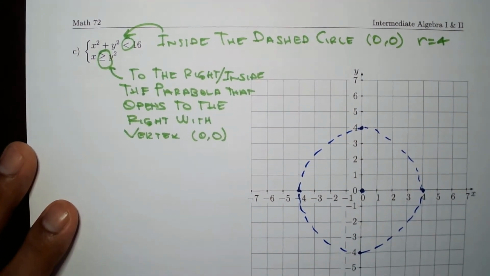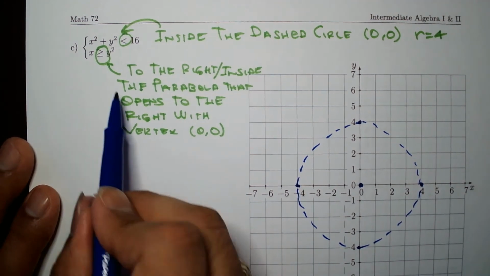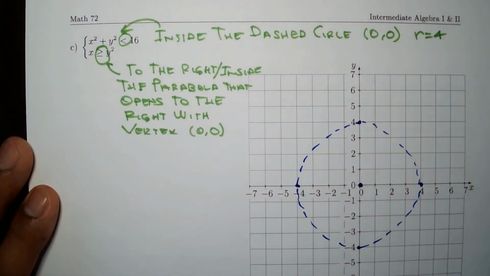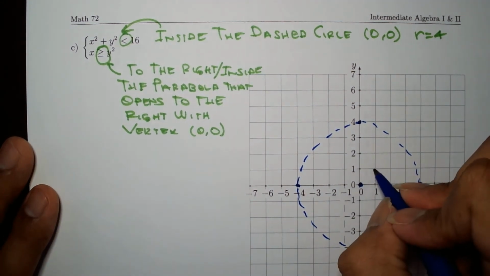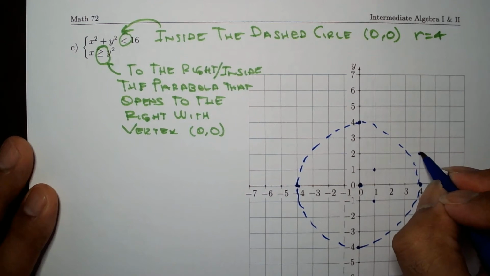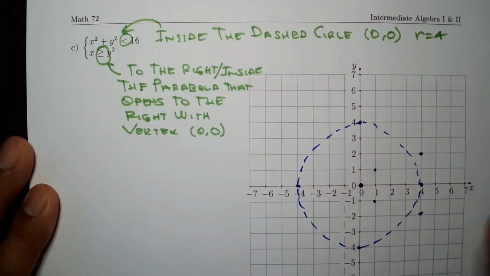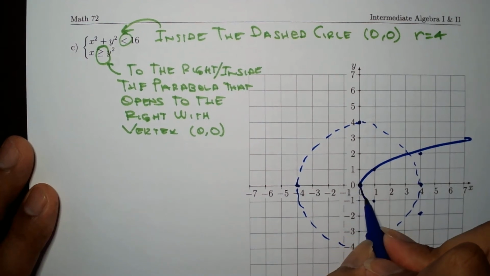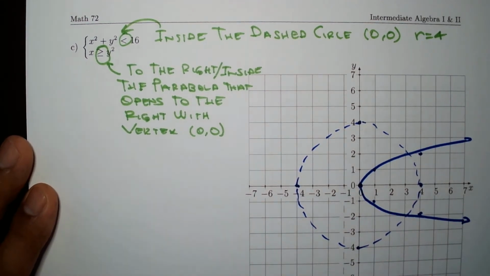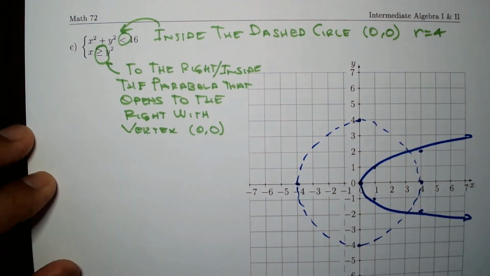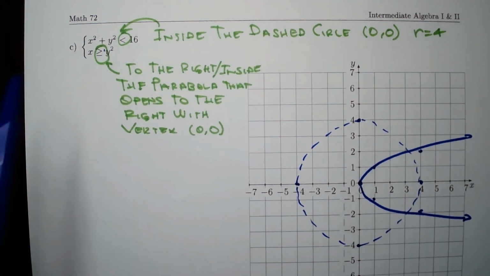And then I'm going to draw a parabola that opens to the right like this. All right, and it's solid.